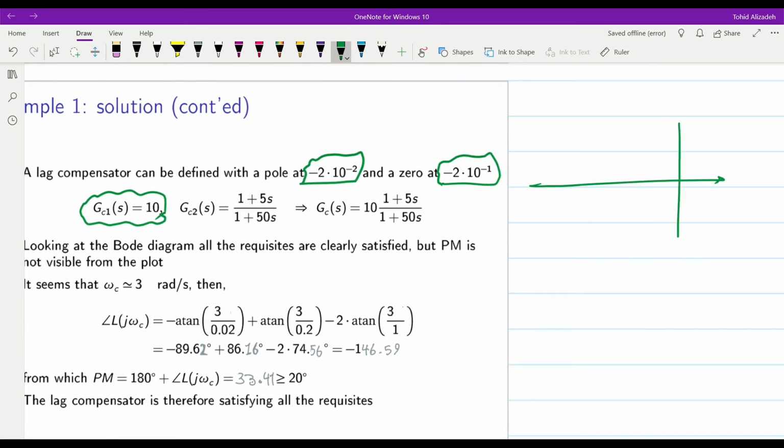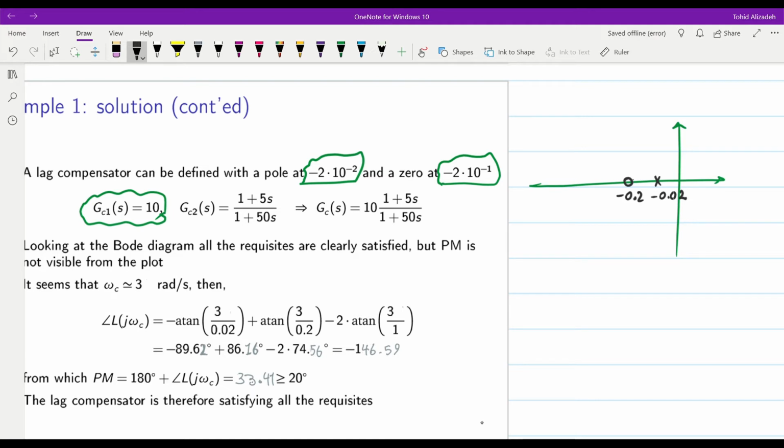Indeed, here we have the pole and zero of the controller. Zero is at minus 0.2 and the pole is at minus 0.02. And the generalized gain for the controller is 10.